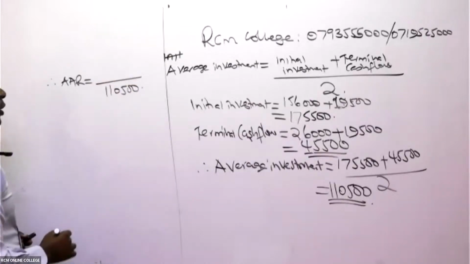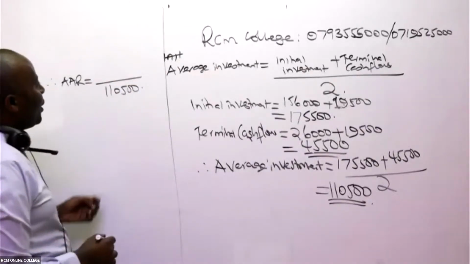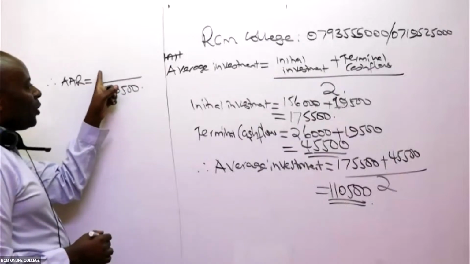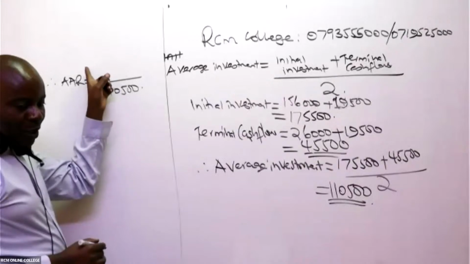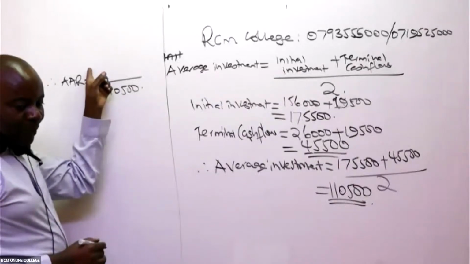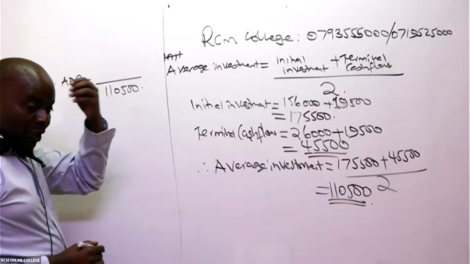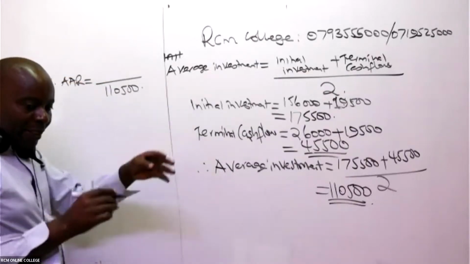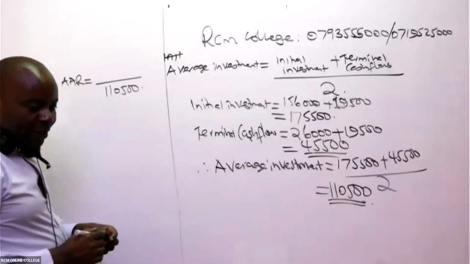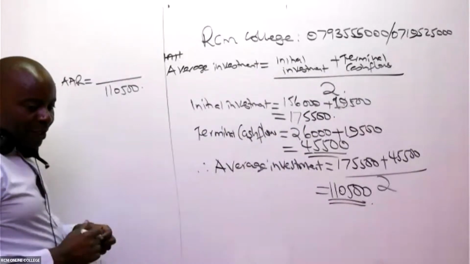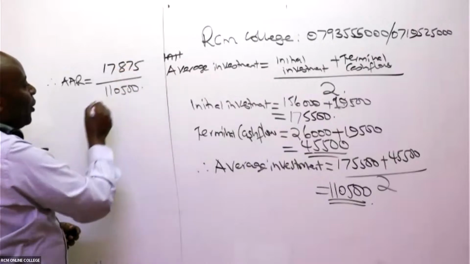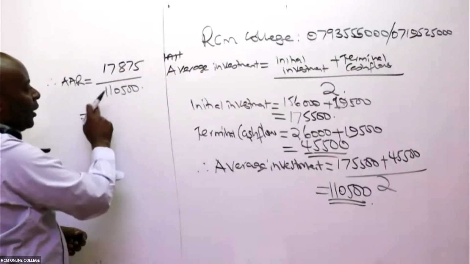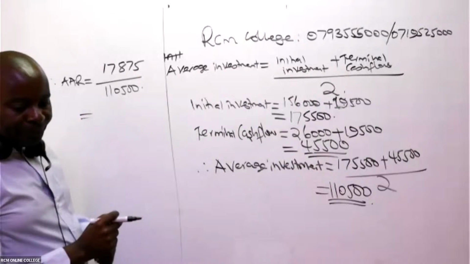Is there somebody who can remind me this figure? The one we got when we took the profits for each year and then added. So, 17,800 and 875. It's making 875. So in this case, if we take this divided by this, what are we getting?